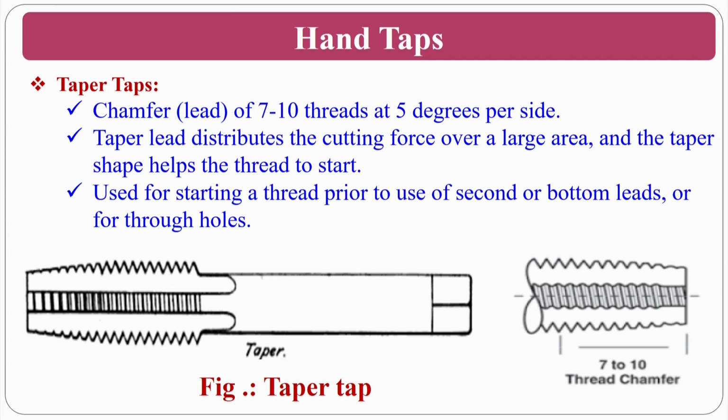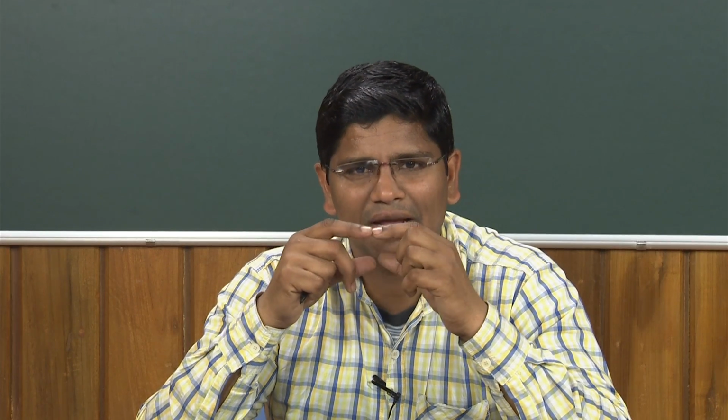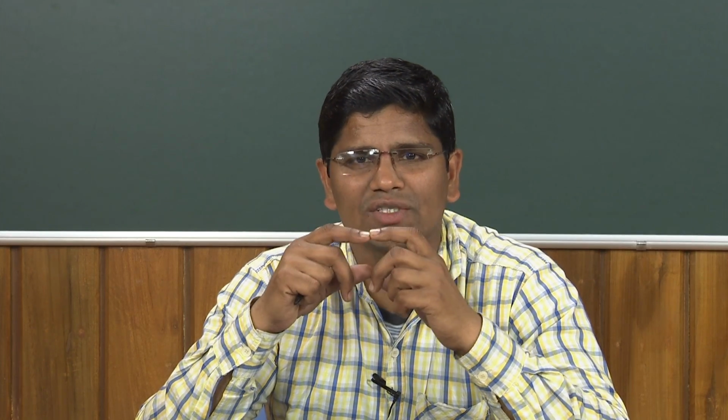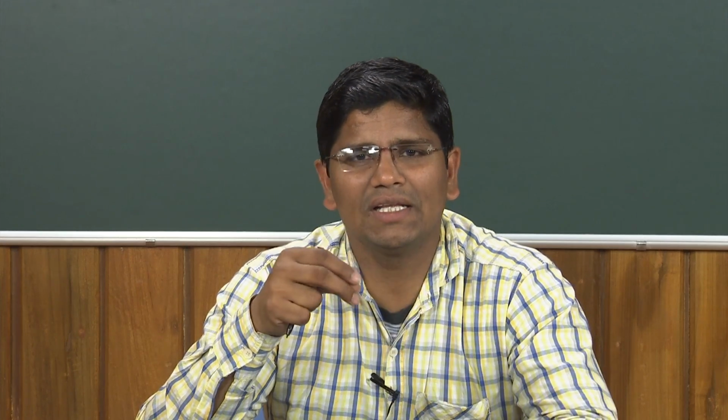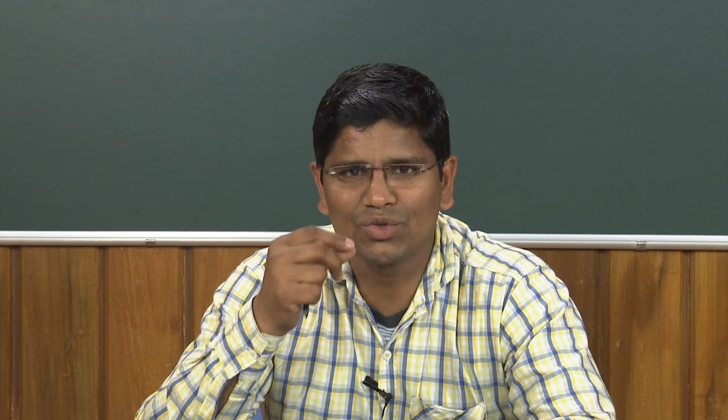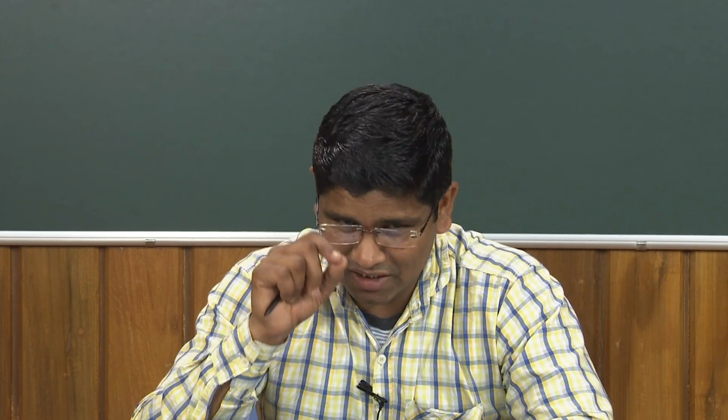Whenever I want to generate a particular thread, assume that I want to generate M10. For that, normally the prerequisite is you should have a drilled or reamed hole. First you do the drilling operation, then you do the reaming operation, then you go and use the first one, which is the taper tap.